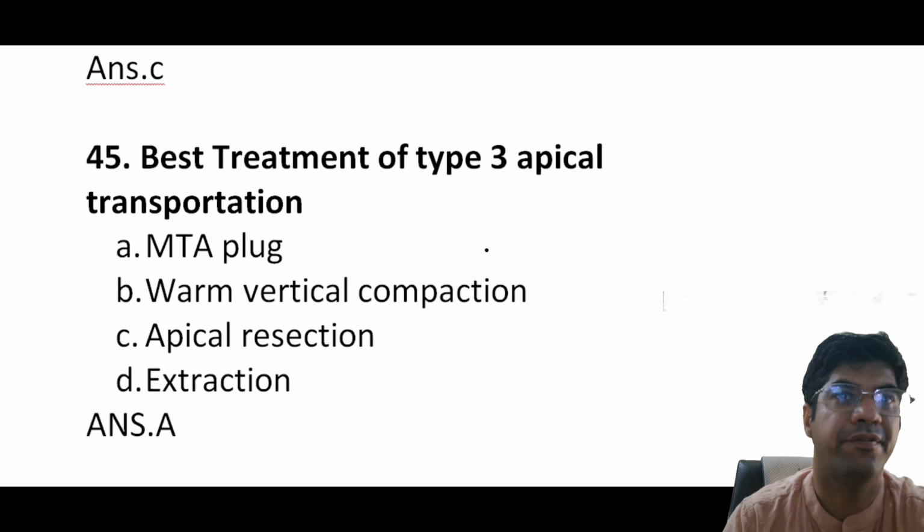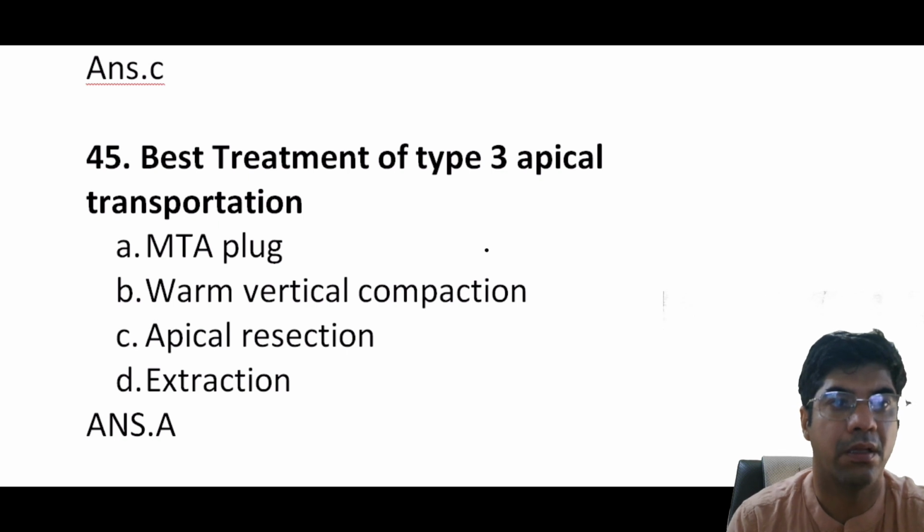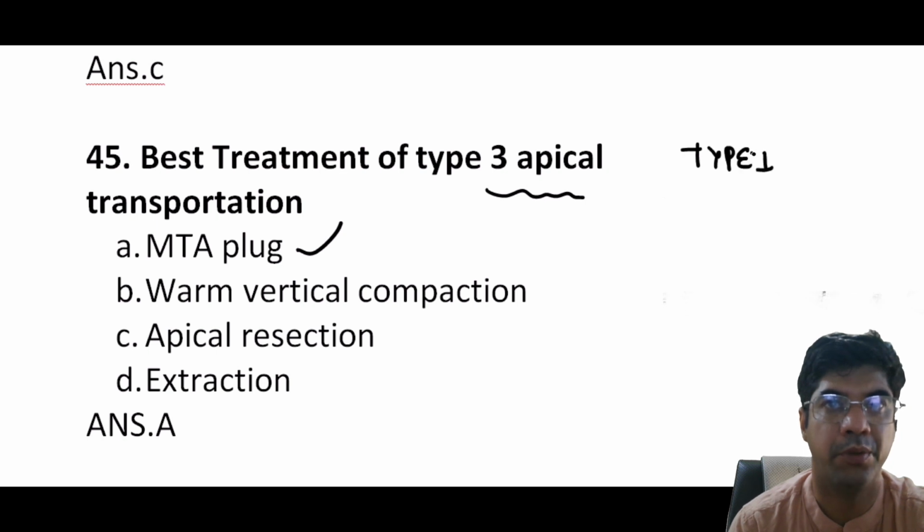The best treatment for type 3 apical transposition is the MTA plug. There are three types of apical transposition: type 1, type 2 and type 3.